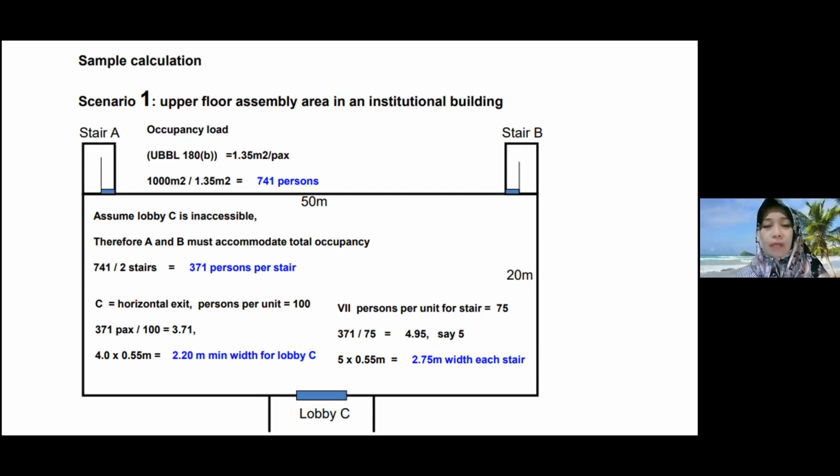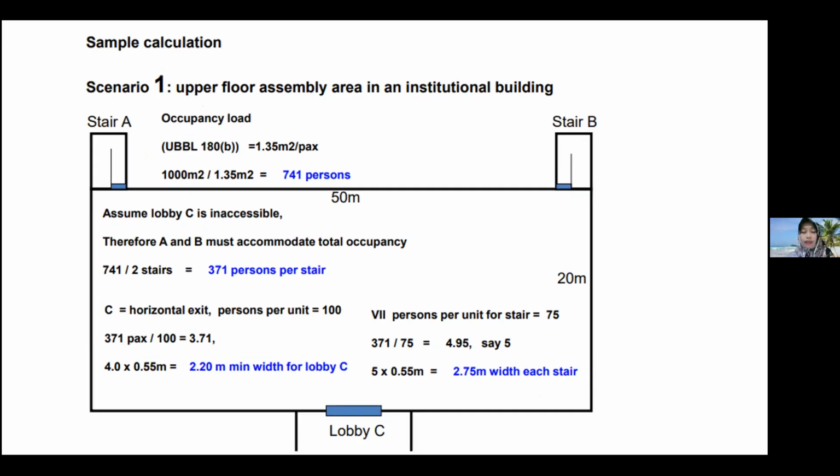These are examples of institutional buildings. In UBBL 180, the occupants for an institutional building are allocated about 1.35 meter square per person. We call it pax. Pax means per person. That is the term.